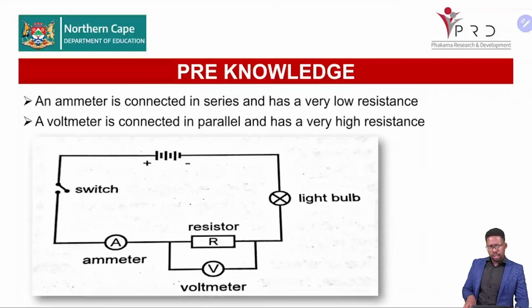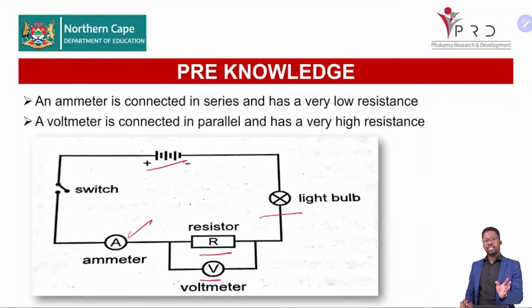A voltmeter is connected in parallel. So this is a simple representation of a circuit diagram. You can see the components. We're having a battery, we're having a light bulb, a resistor, we're also having a voltmeter that is connected parallel to the resistor, also having the ammeter that is connected along the resistor in series.